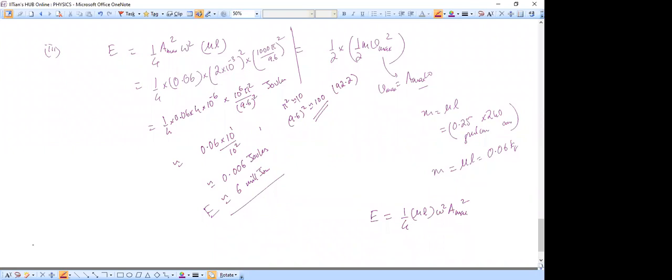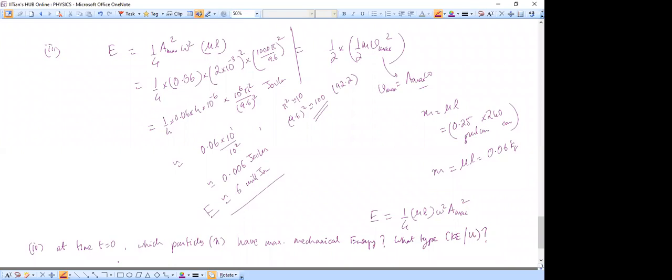I'll just put up that question over here: at time t equal to 0, which particles, that is in terms of x, have maximum mechanical energy, and what type of energy, that is kinetic energy or potential energy.